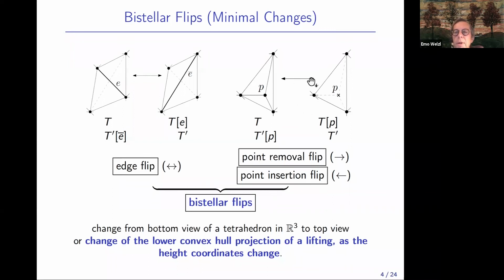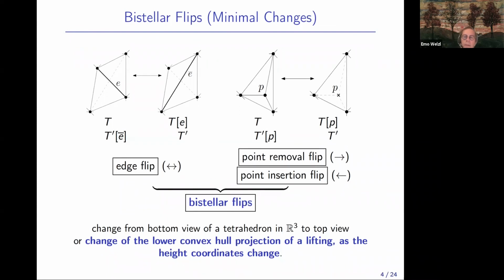And again, you can read this operation from left to right and right to left, because if you have a point that has been skipped, then you can add this point in its triangle and connect this point to the 3 vertices of this triangle. So one of these two operations we call a point removal flip, left to right, or a point insertion flip, right to left. And all these flips, which I have explained to you here, are called the bistellar flips.